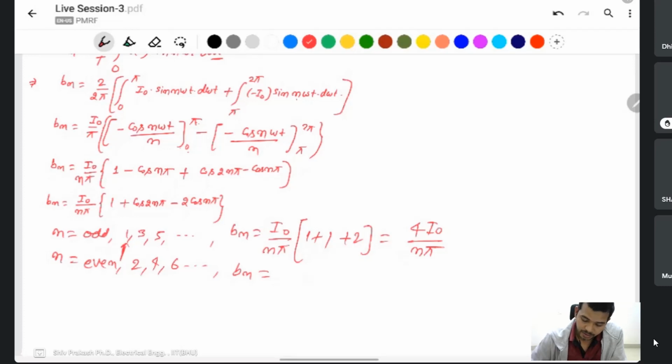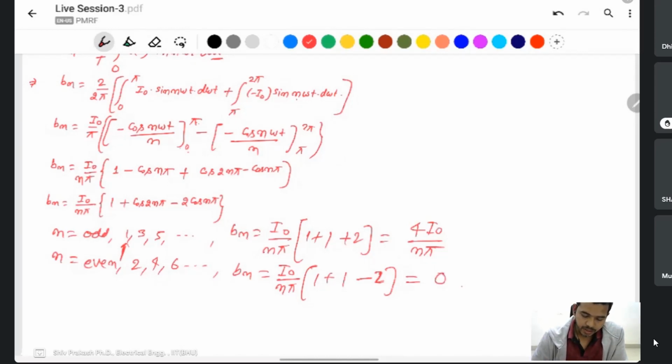2π means 360 degrees. Here 1 plus 4π also gives cos 0, which is 1, minus 2π, same as 360 degrees, cos 0 is 1, so 1 minus 1 means this one is 0.